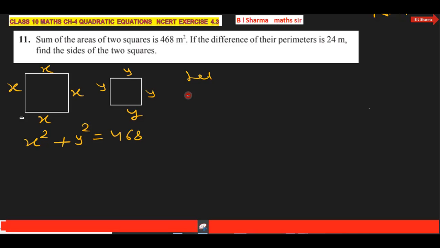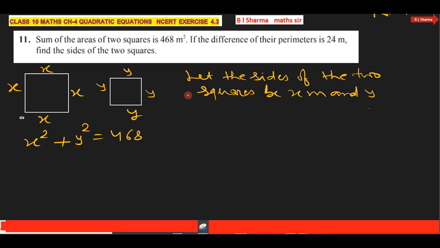So let the sides of the two squares be x meter and y meter respectively.